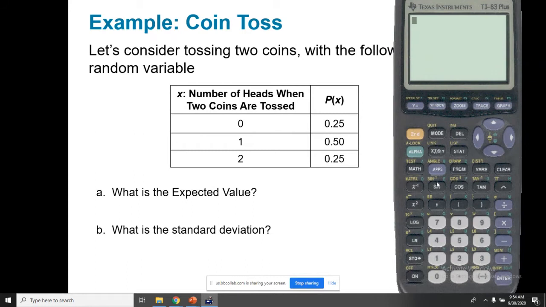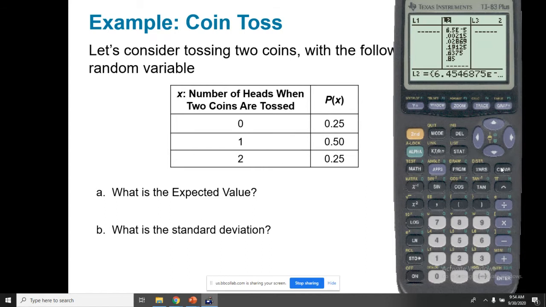All right, so the first thing I'm going to do is go into my list. So I'm going to hit stat and enter. All right, and that brings me to my list. I'm specifically dealing with list 1 and list 2, and I want to clear out these two lists. So to quickly clear out my list, I'm going to go to the very top of my list, hit clear and enter.